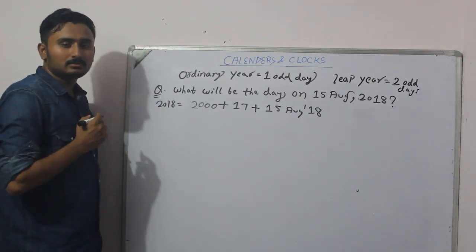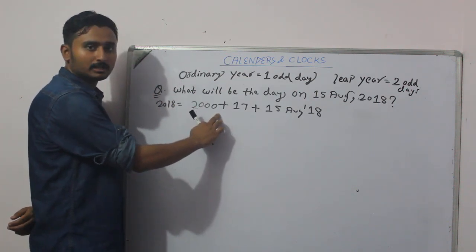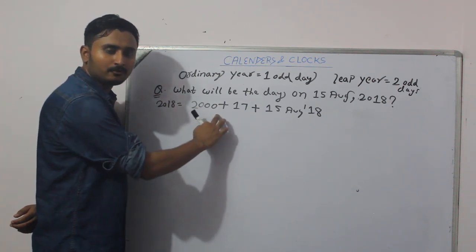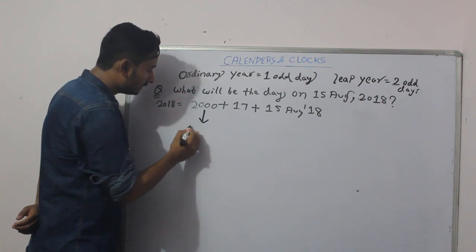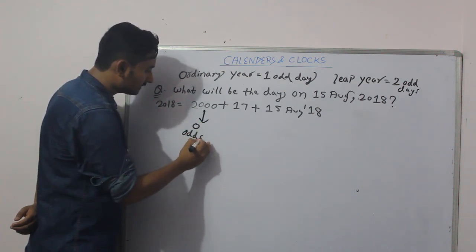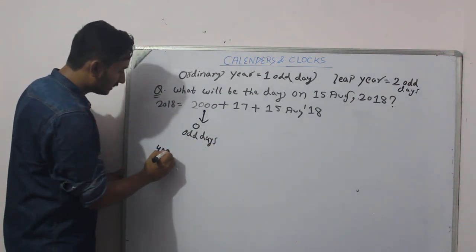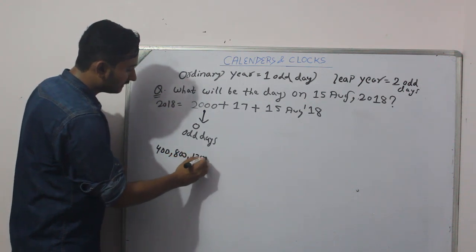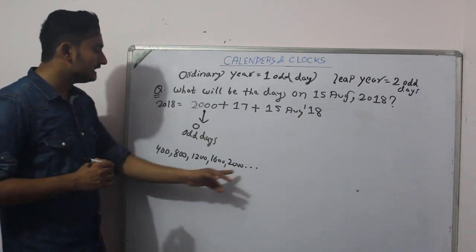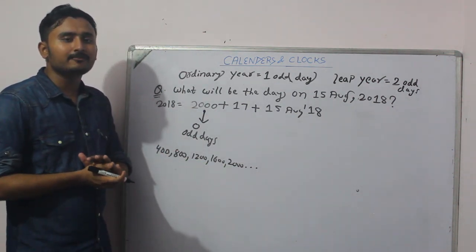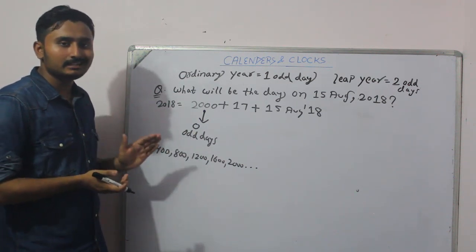As I already discussed, this 2000 years is divisible by 400 years, so we are having 0 odd days, because 400, 800, 1200, 1600, 2000 and so on are all divisible by 400, thus they are leap years and we have 0 odd days in each of them.